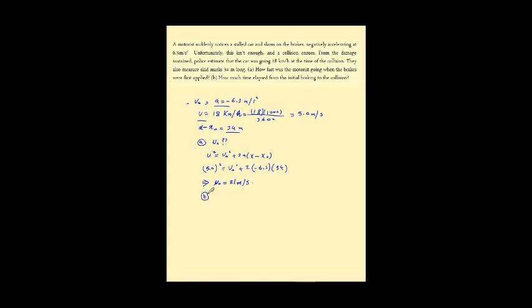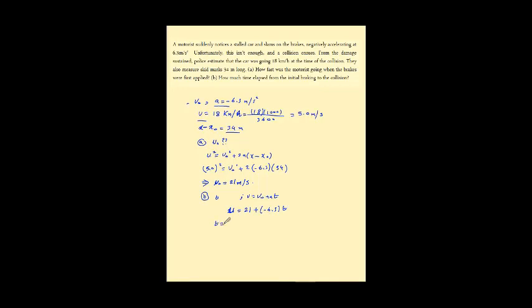In part b, how much time elapsed from the initial braking to the collision? We need to find t. And in order to find t, we use the first equation of motion, v equals v0 plus at. v is 5, v0 is 21, and a is minus 6.3, times t, which is wanted.